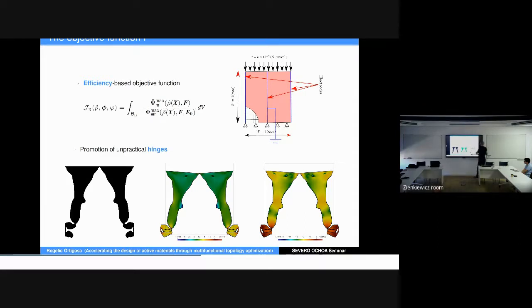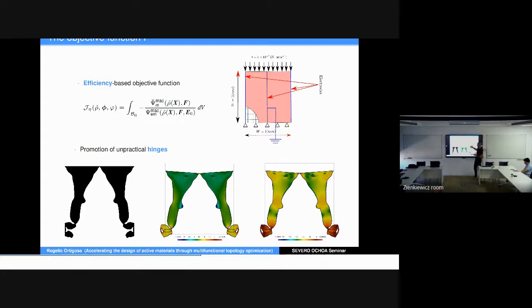For this specific problem, if you take this objective function, you're screwed. Why? Because if you want to maximize electric fields, then you need to introduce hinges. The way to maximize localized effects is through the introduction of hinges.